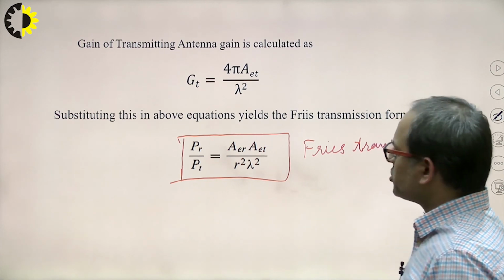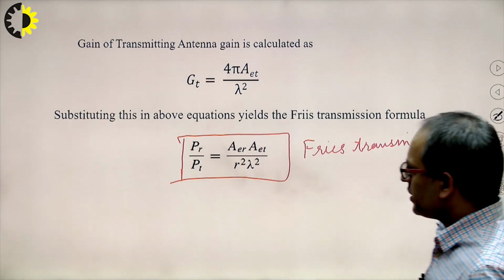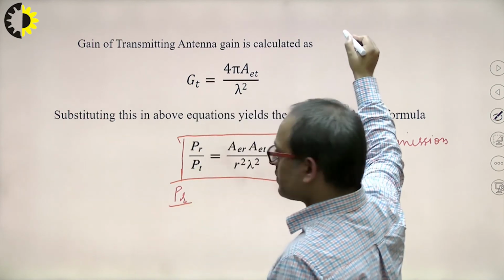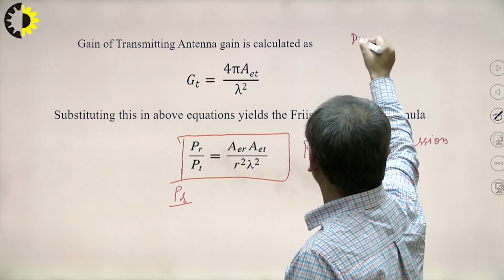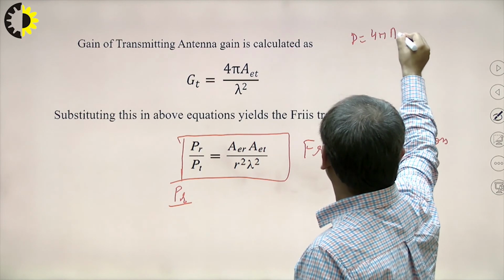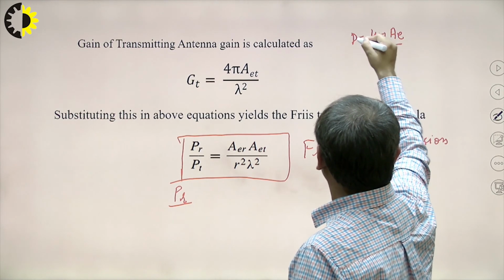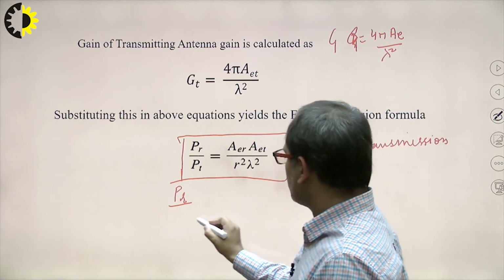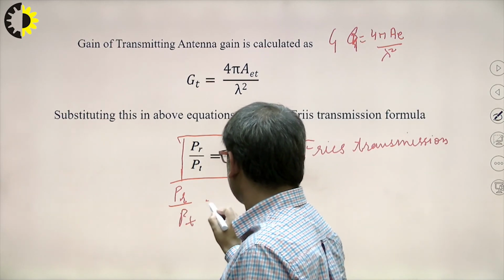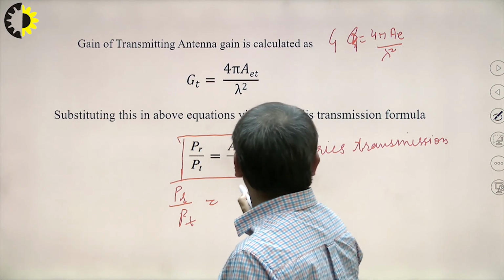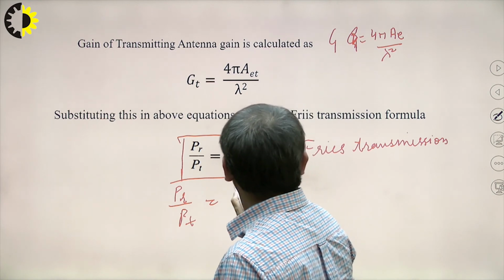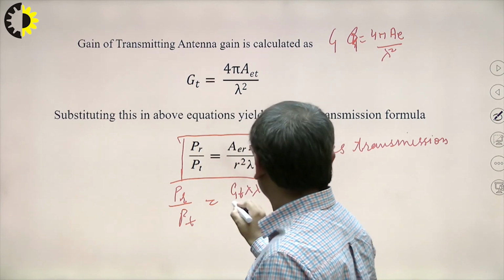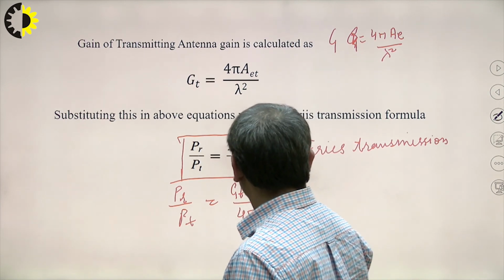And there is another relationship in terms of gain, if I consider that D equals 4 pi AE upon lambda square, sorry, this I consider as G. Clear? So you will see here PR equals PT, and AER will be GT into lambda square divided by 4 pi. Clear?